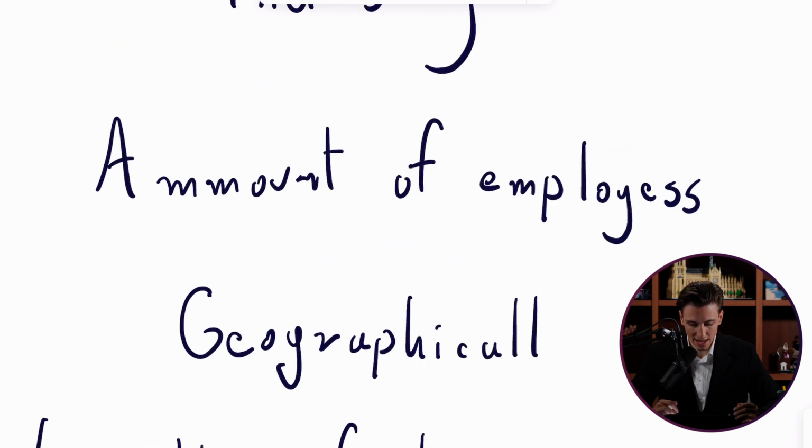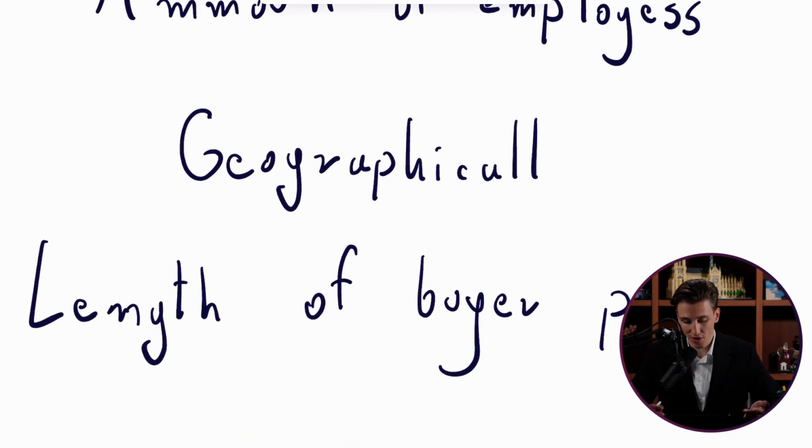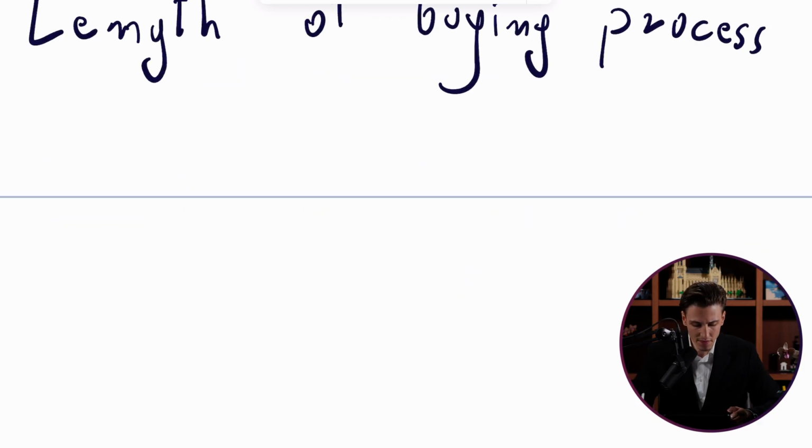So we've got the industry, we've got the amount of employees, we've got the geographical qualifications, and the length of buying process. Well, of course, the segmentation allows us to do our prospecting and marketing much more narrowly, so therefore much more personalized.